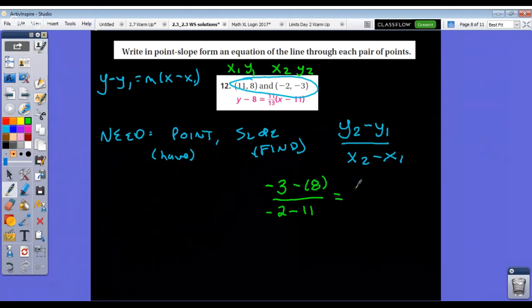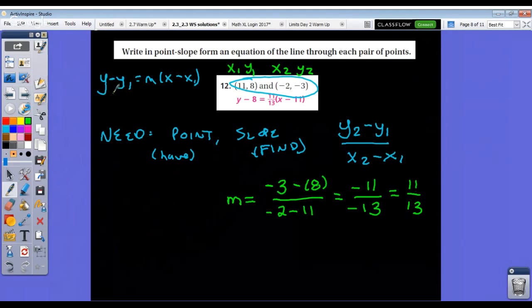Negative 3 minus 8 is negative 11, and negative 2 minus 11 is negative 13. Now we can't simplify those fractions, but we can divide them both by negative, and a double negative gives us a positive, so the slope, or m, is 11 over 13.